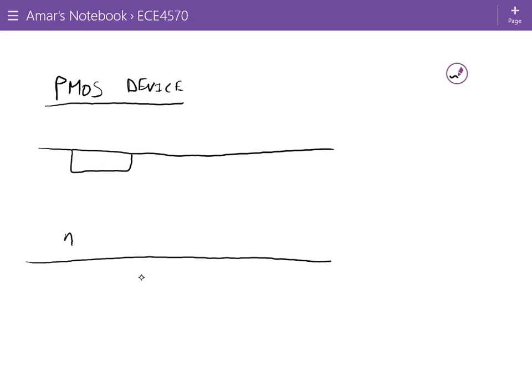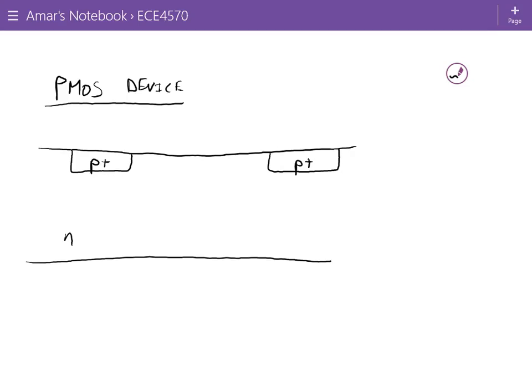Yeah, so let's draw a PMOS device. All right, so first of all, what does the structure of a PMOS device look like? You have an N-type substrate. And the source and drain contacts are P+.